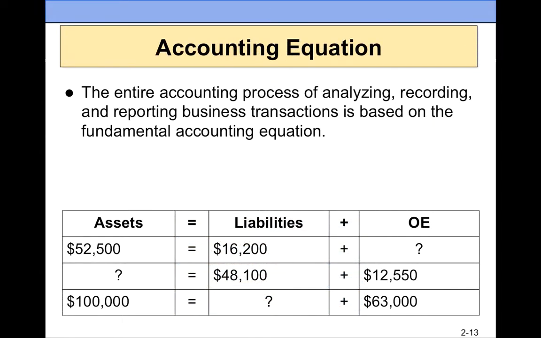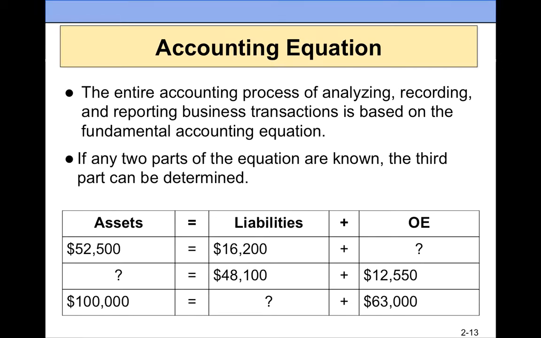Let's move on. So the entire accounting process of analyzing, recording, reporting business transactions is based on this fundamental accounting equation. And if any 2 parts of the equation are known, of course, we can calculate, determine the 3rd part. So let's take a look here.